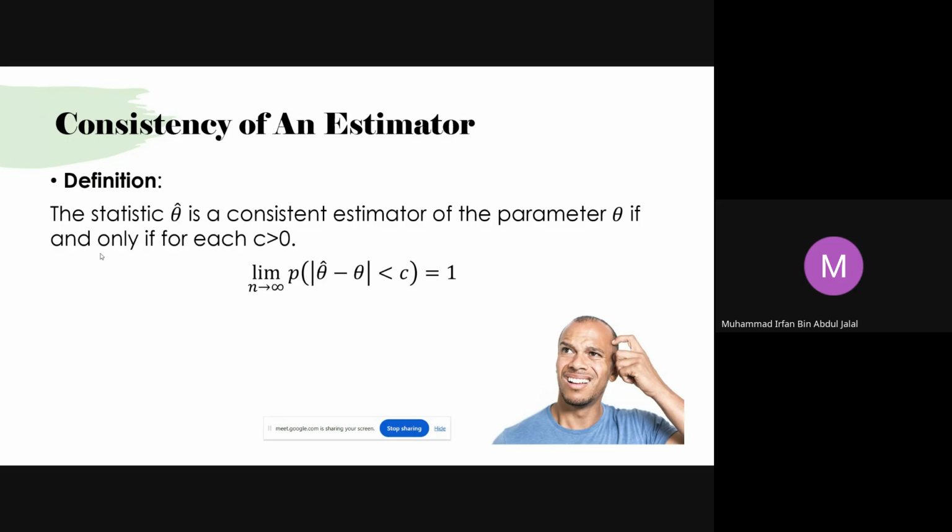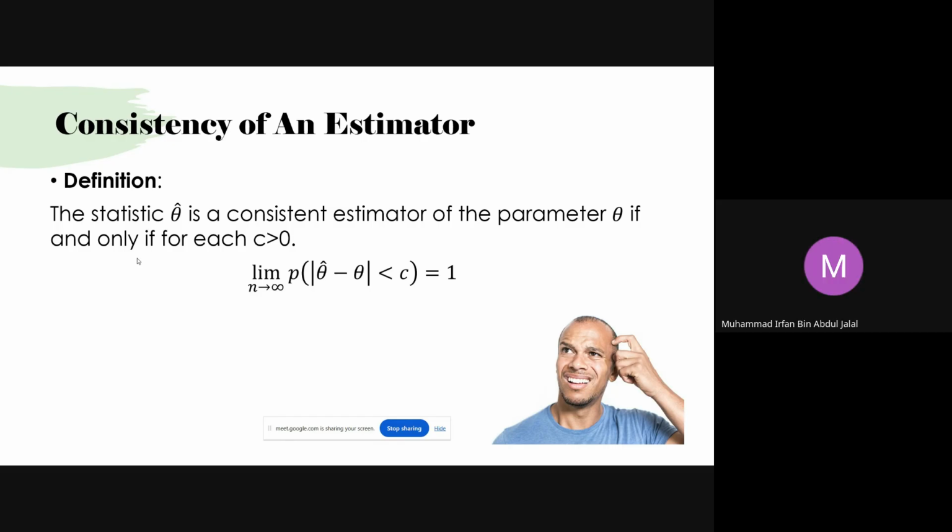Any questions before we proceed into the second one? Any question from the floor? Ada soalan tak? So you want me to go over the things again? That's fine too.